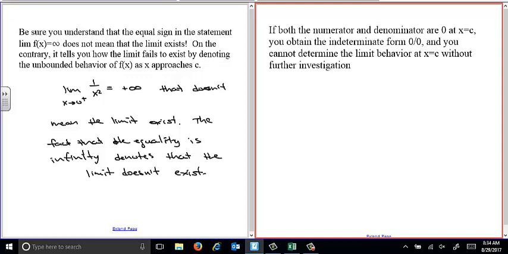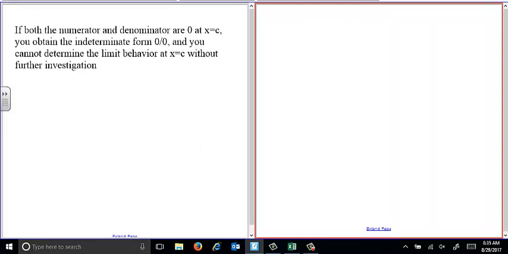Okay. So let's just do a more complicated rational function, and then I've got a handout. We'll practice some stuff here. So let's say, what is the limit as x approaches 3 from the negative side of this function?